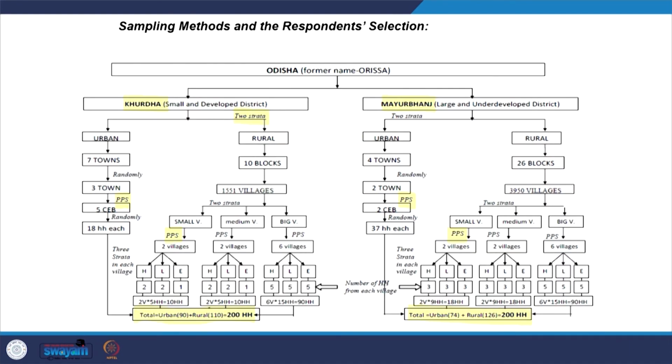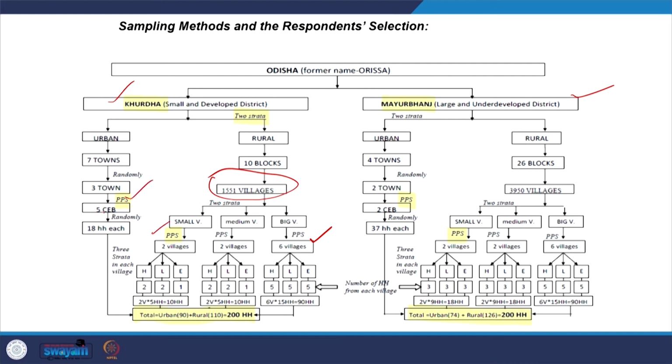Like in my own study, I did a survey in Odisha, where 2 districts were selected, one is Khordha and the other Mayurbhanj. This multi-stage sampling method was applied, but finally, to select the villages from out of so many villages and their population, the village selection was made through PPS.